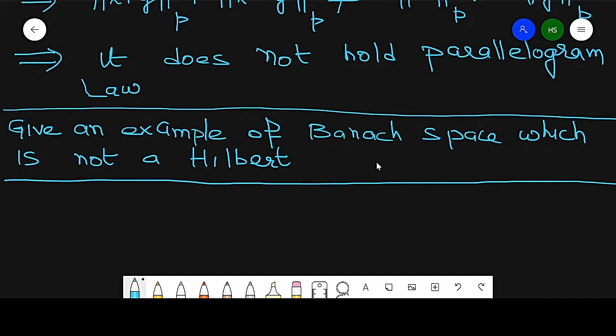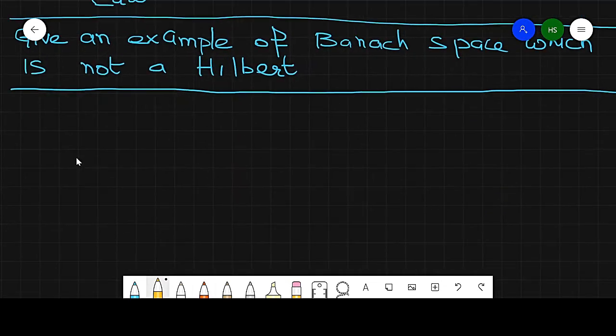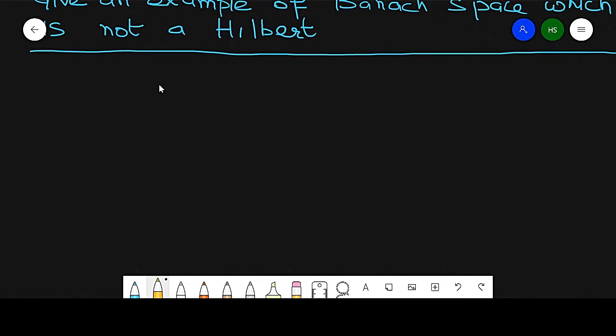Now after that we are going to prove a very, very important result. To go to that result, first of all, just understand the definition of convex set. So what is convex set?